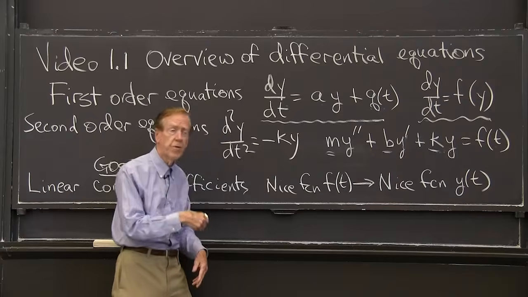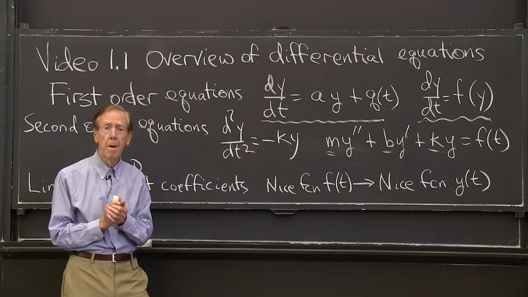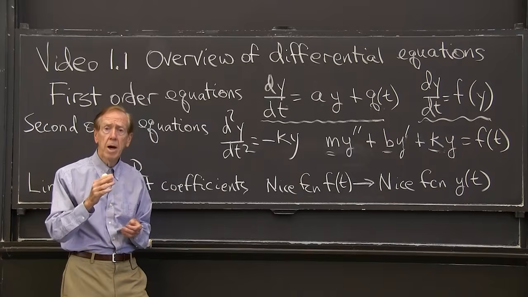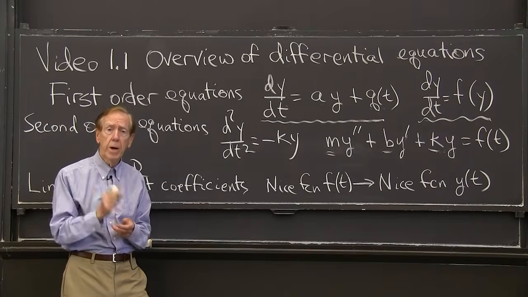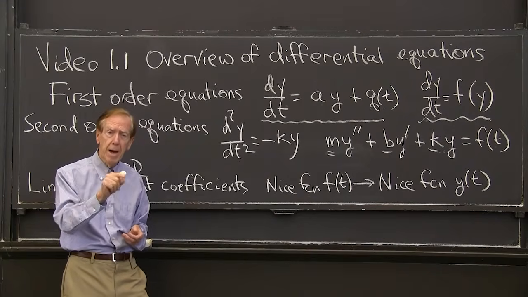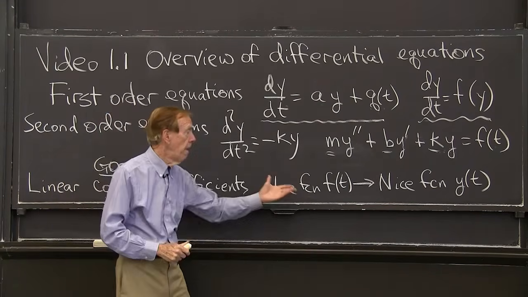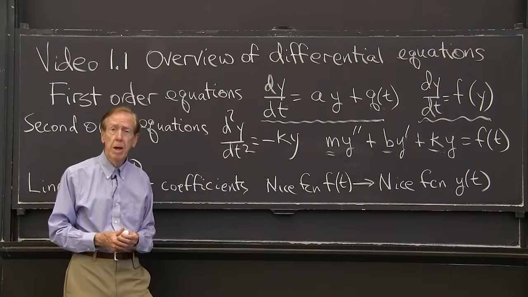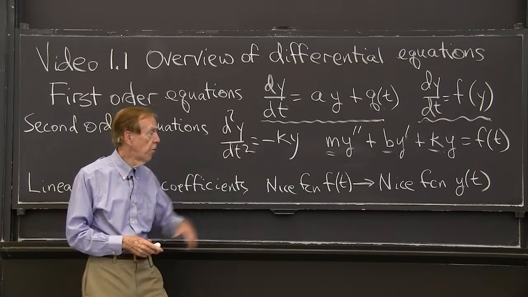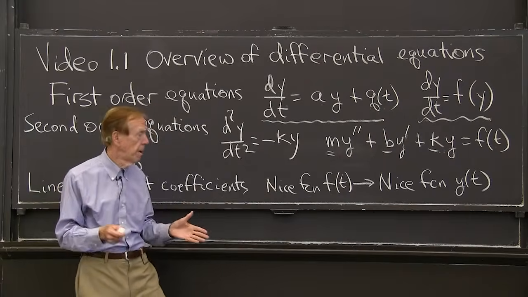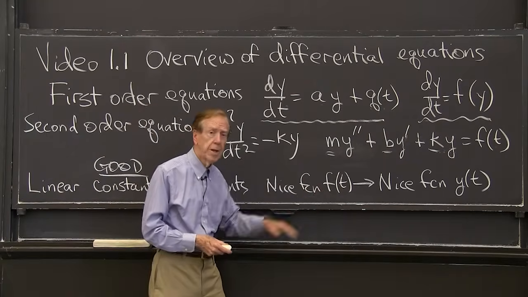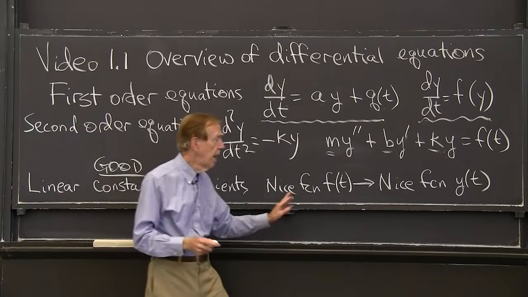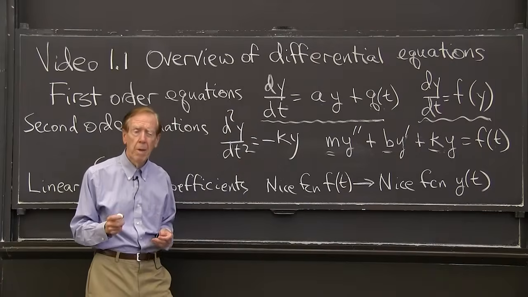Exponentials, say f of t equal e to the t, or e to the omega t, or e to the i omega t. That i is the square root of minus 1. In those cases, we will get a similarly nice function for the solution. Those are the best. We get a function that we know, like exponentials, and we get solutions that we know.